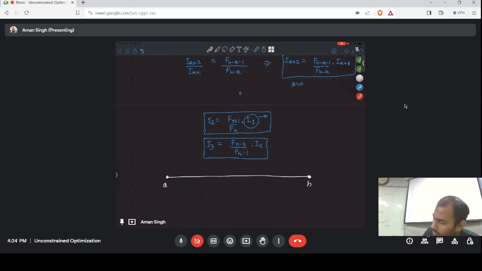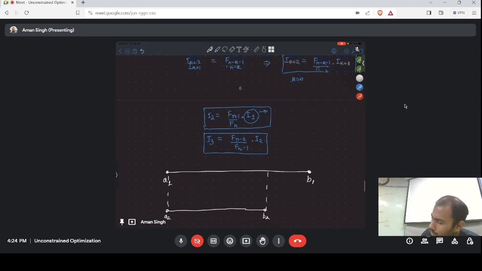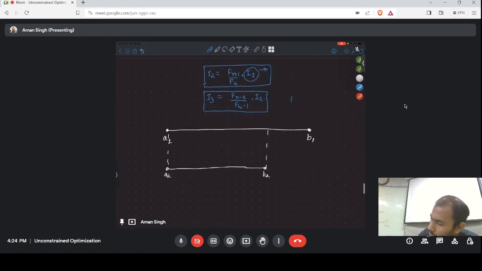With interval A, B, A1, B1, we know that I2 will be something here, A2, B2. Then we can write mu1 equals A1 plus I2, and lambda 1 equals B1 minus I2. So in this way we can get 2 points.